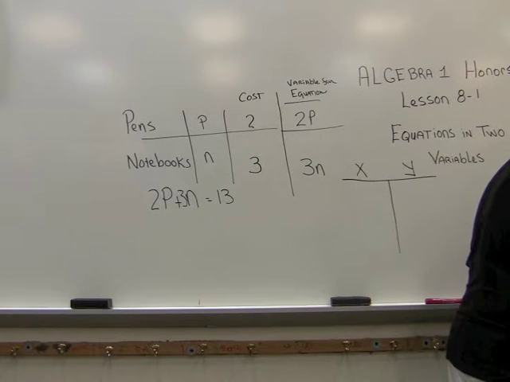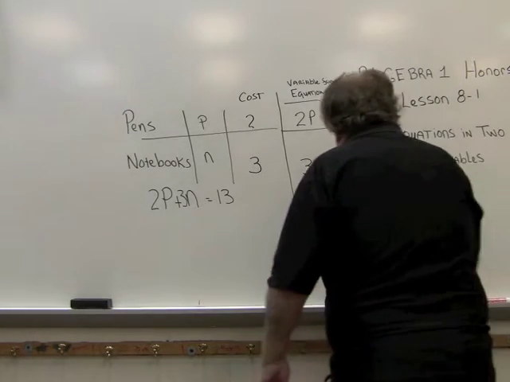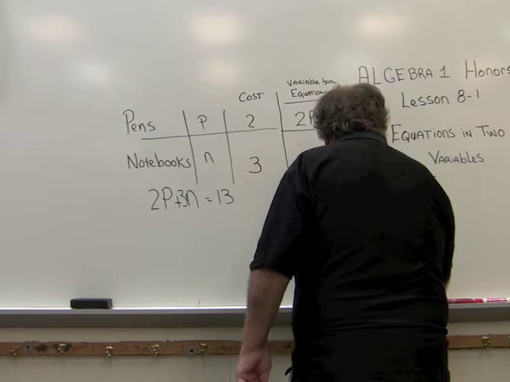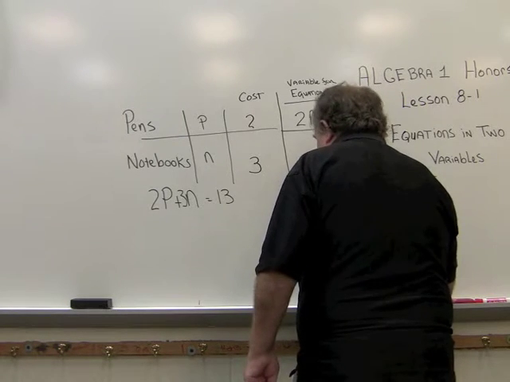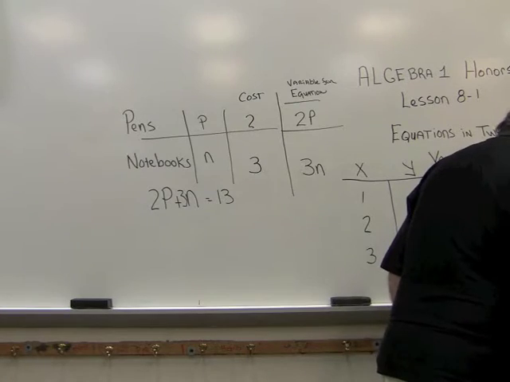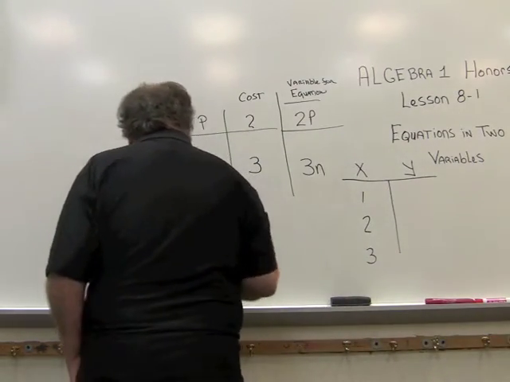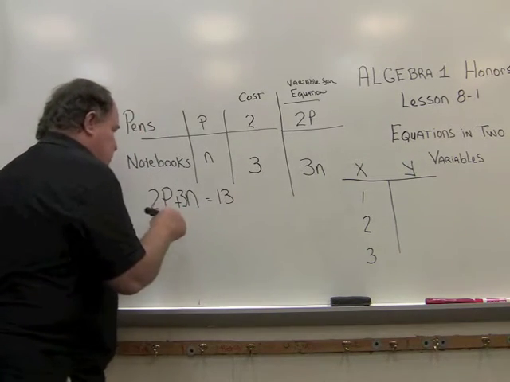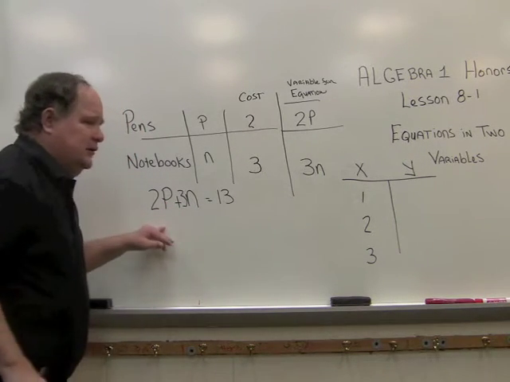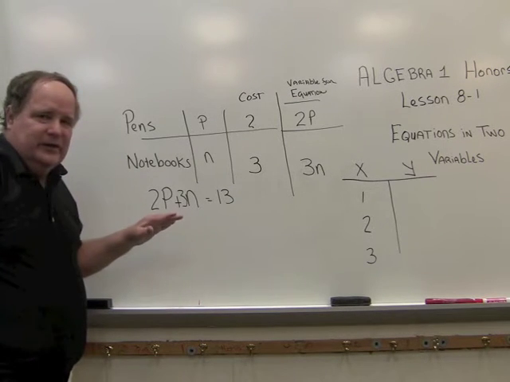Let's pick 1, 2, and 3. What your book wants you to do is isolate one of the variables. We can do it this way, no problem, but I'll show you both ways you can do it.